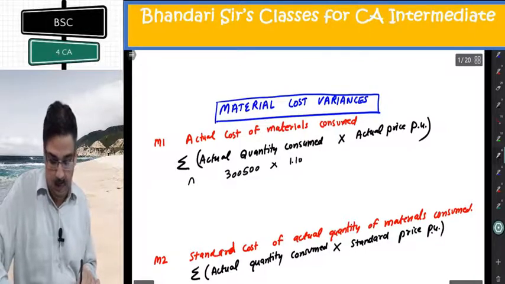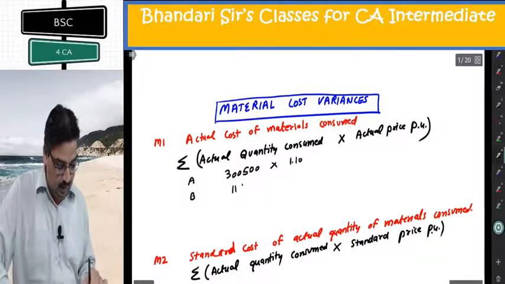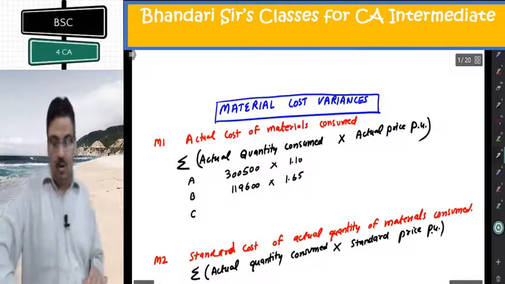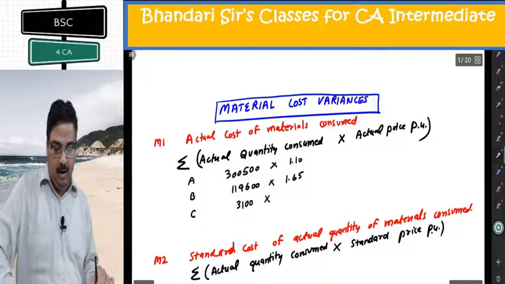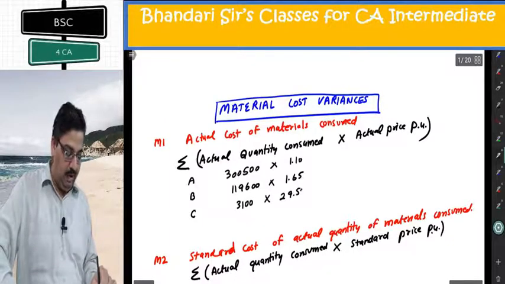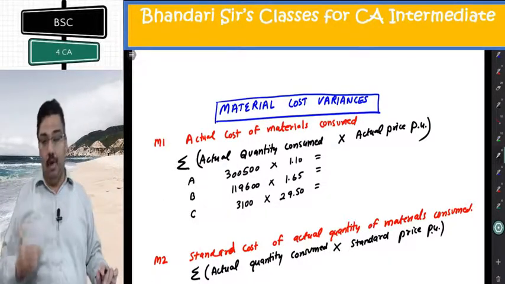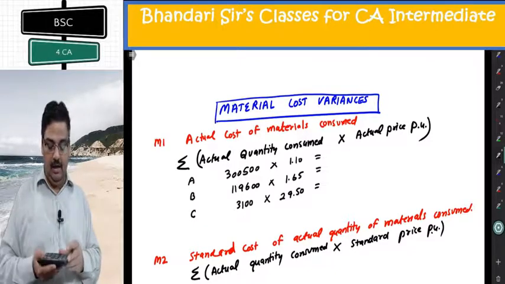This is for A. For B, 1,19,600 multiplied by 1.65. For C, 3,100 gallon multiplied by 29.50 per gallon. First two are in kg, their rate is also per kg. Third one is in gallons, their rate is also per gallon. So just multiply and add, nothing new here.